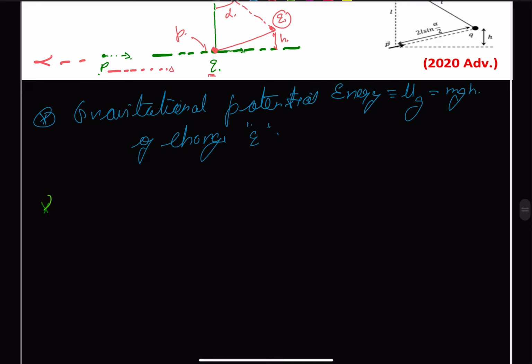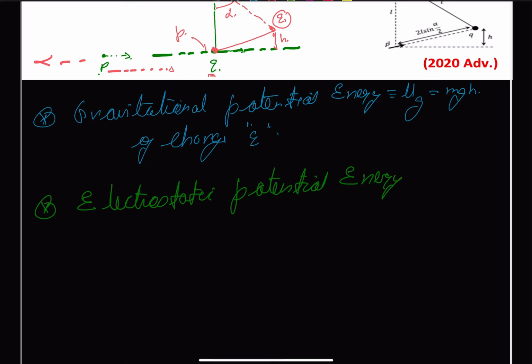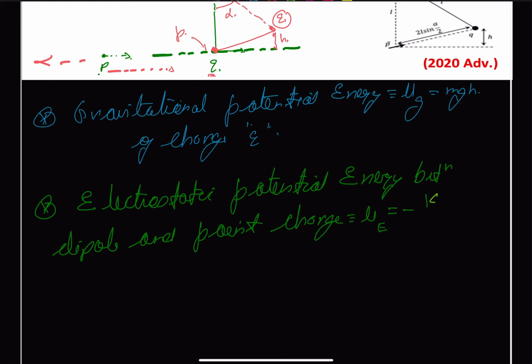Similarly, we can write the electrostatic potential energy between dipole and point charge, which is U of E equal to minus K P Q upon D square, where suppose this distance is D, which we can substitute later on.